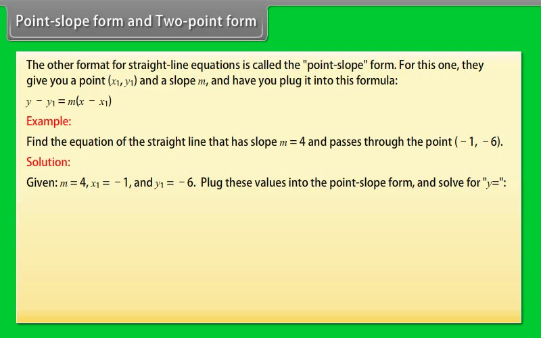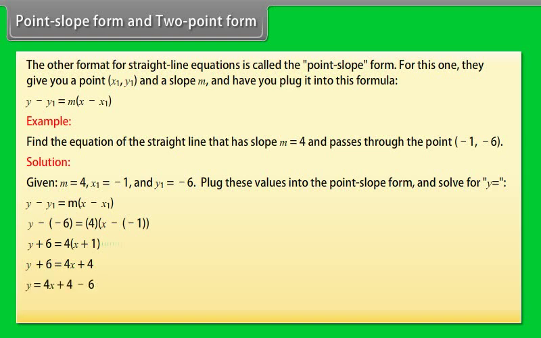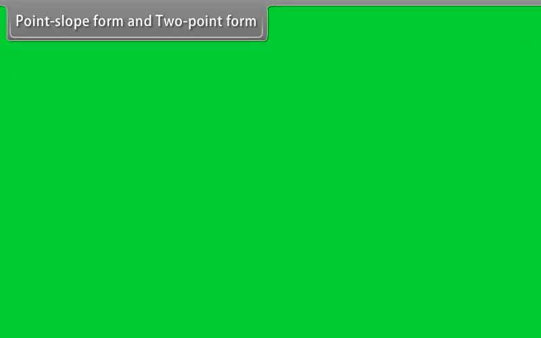Plug these values into the point slope form, y minus y1 is equal to m into x minus x1. Substitute the values in the above equation and then on solving for y we get y is equal to 4x minus 2, which is the required equation.